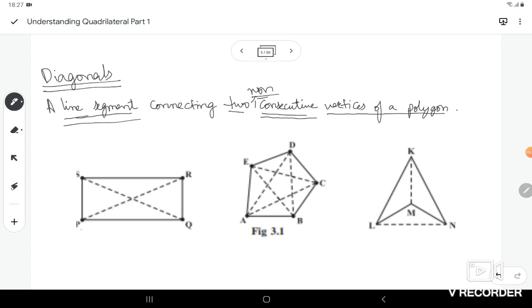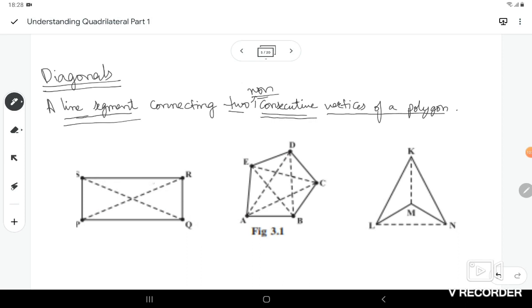For example, in the diagram, the rectangle PQRS, what are consecutive vertices? P and Q are consecutive vertices. P and S are consecutive vertices. What are the consecutive vertices of Q? R and P are the consecutive vertices. So other than the consecutive vertices, that is non-consecutive vertices, if we join these 2 points, in the rectangle figure, PR and QS are the diagonals.